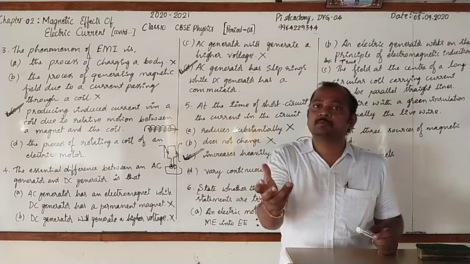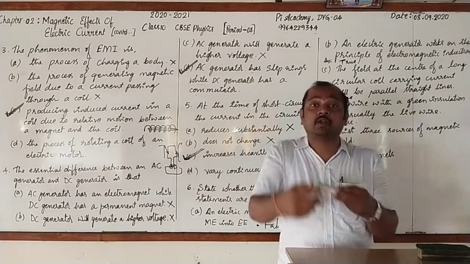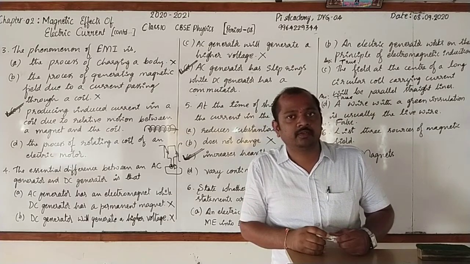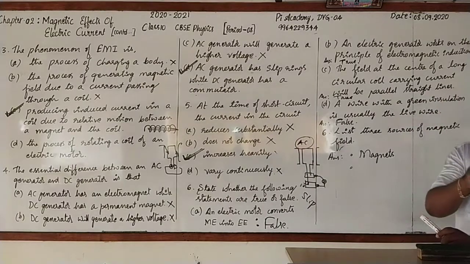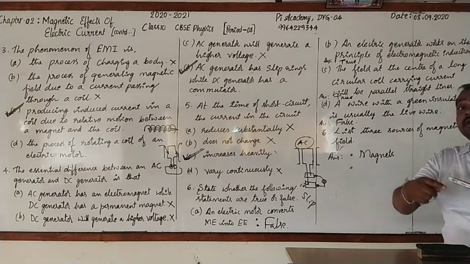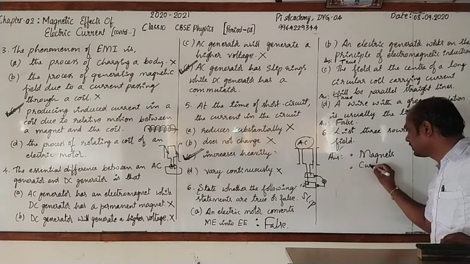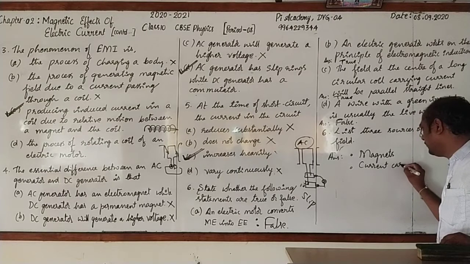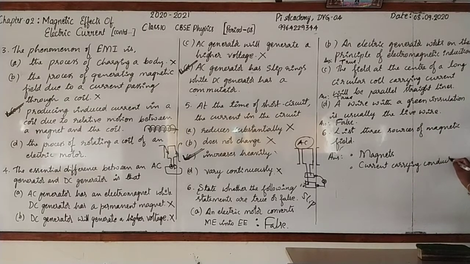Because the compass will be under the influence of magnetic field around the conductor carrying current. Right? So, a conductor in which the current is flowing, then the magnetic field is produced. A current carrying conductor is also a source of magnet. Current carrying conductor, which is nothing but magnetic effect of electric current.